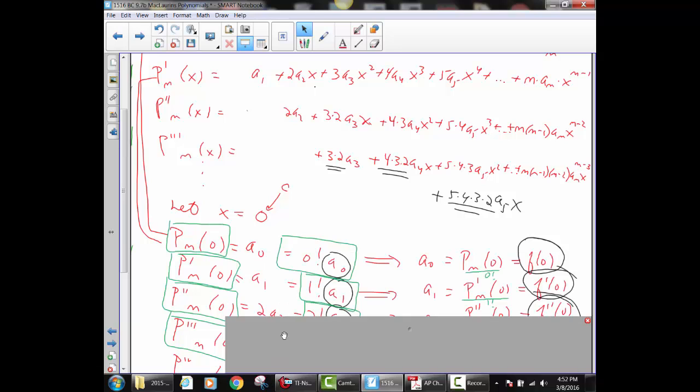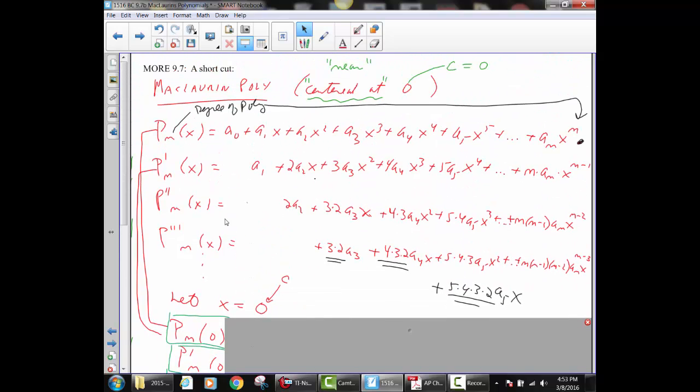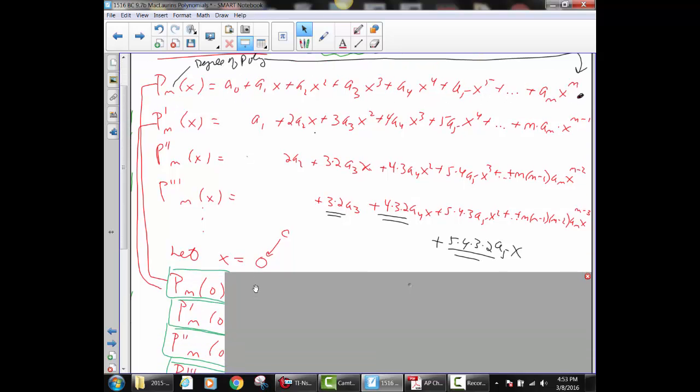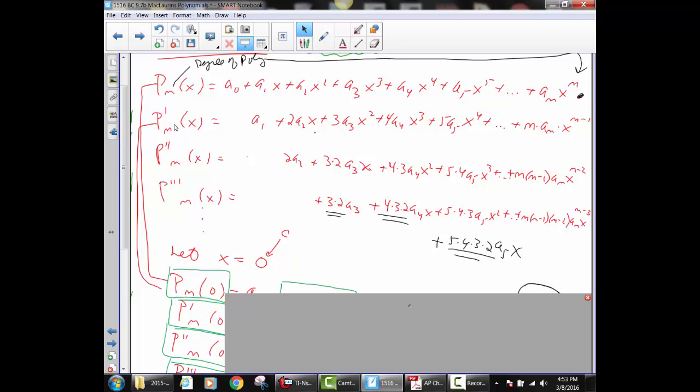So what happens is, if we let x equal 0, notice all these terms will disappear except for the first one. So Pn of 0 is a0, which, by the way, could be called a0 over 0 factorial. If I take the first derivative and replace all the x's by 0, all these terms disappear.